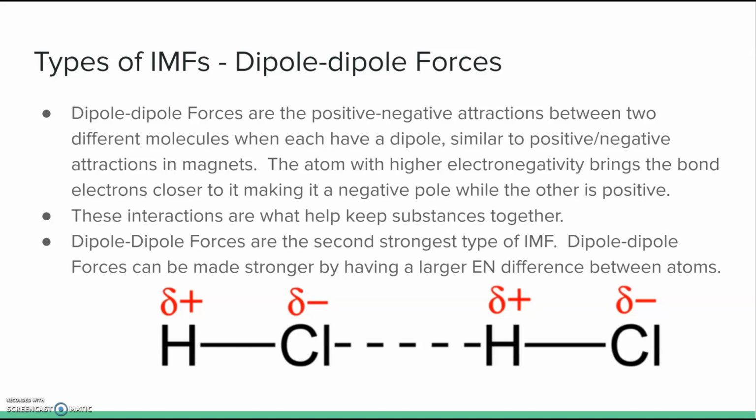These interactions are what keep substances together. Dipole-dipole forces are the second strongest type of intermolecular forces. They can be made stronger by having a larger electronegativity difference between atoms. You can see here that chloride, having a greater electronegativity than hydrogen, attracts the hydrogen.